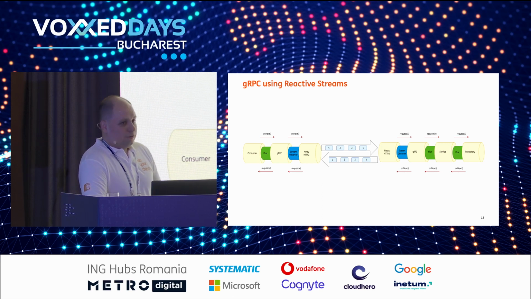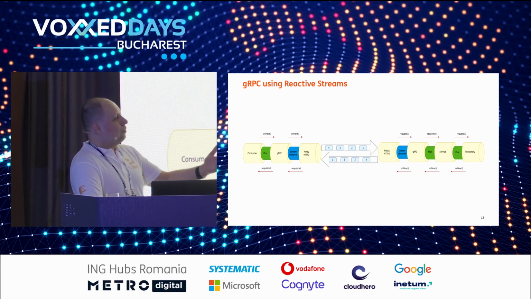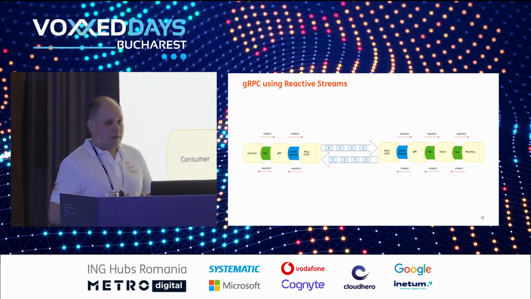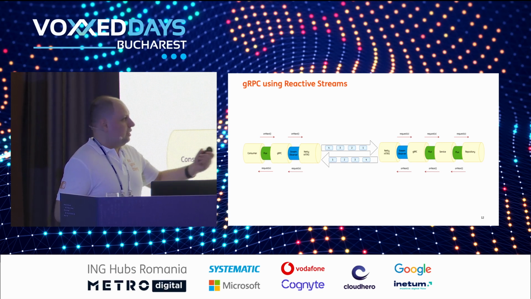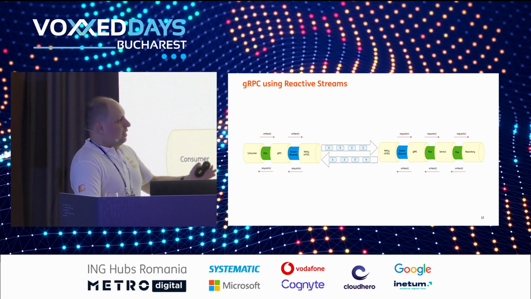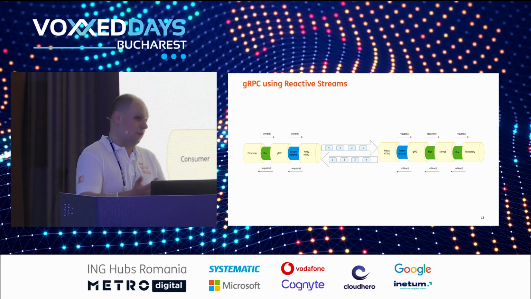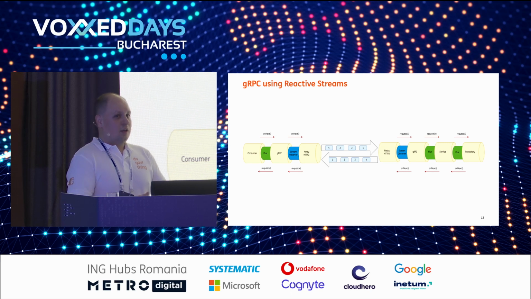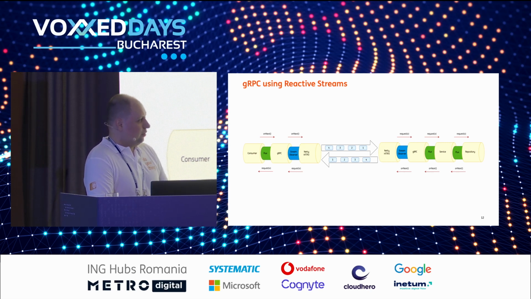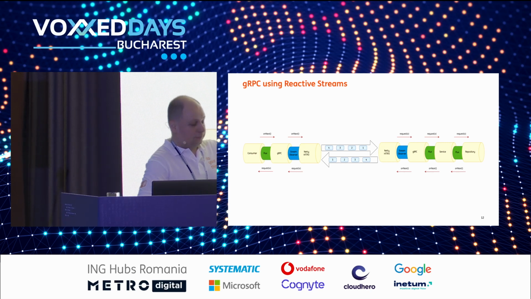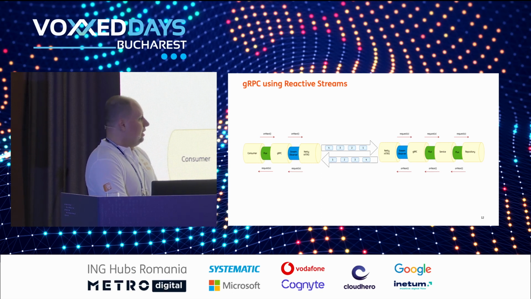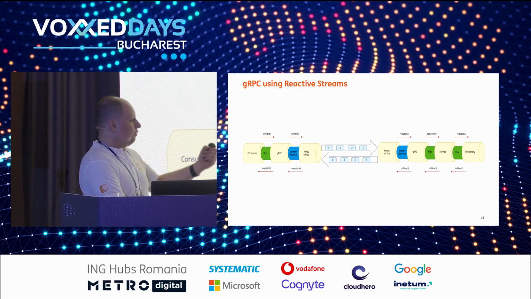Once the data is fetched from the database, we send it back using another reactive stream, let's say a Flux again. We send it towards the stream observer, which is now called the response observer because we are sending the data back towards the client. Once it reaches the response observer, it is again put on the HTTP2 channel and sent back towards the client. The client can, of course, subscribe, consume it, and do something with that data.